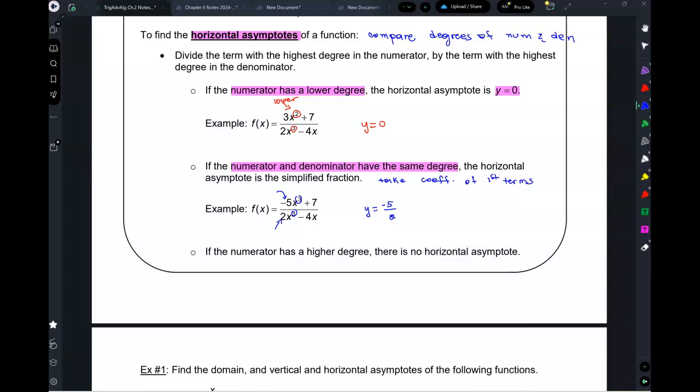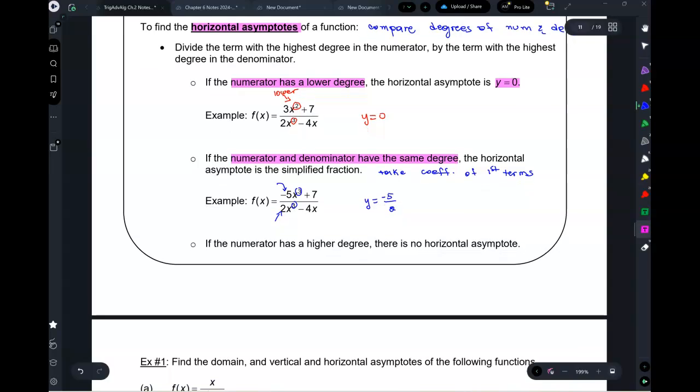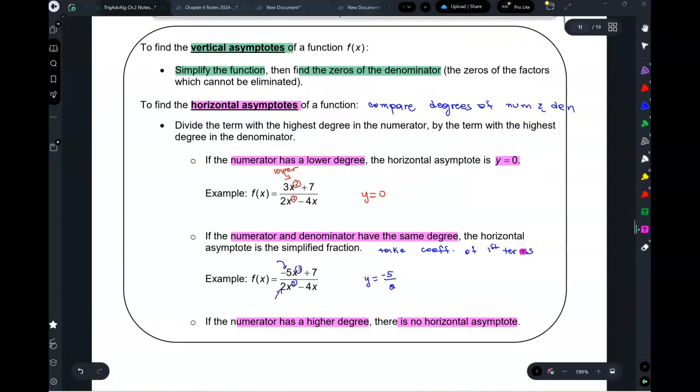And then if you have to reduce, you reduce. Now, the next thing is, if the numerator has a higher degree, no horizontal asymptote. That's it. Asymptotes are always written as x equals something or y equals something.